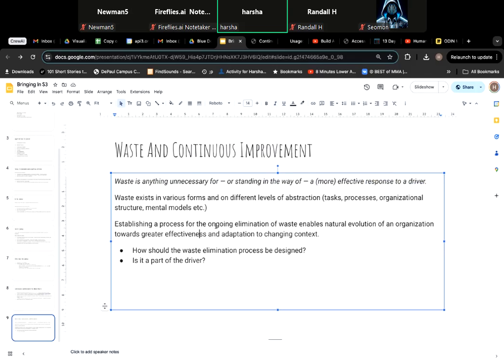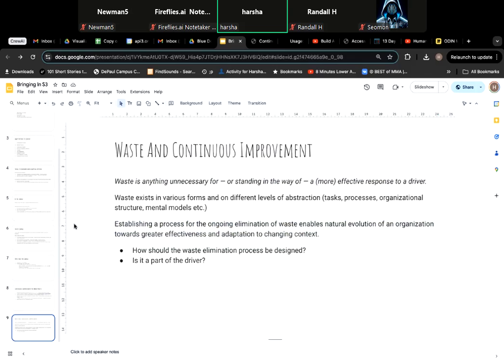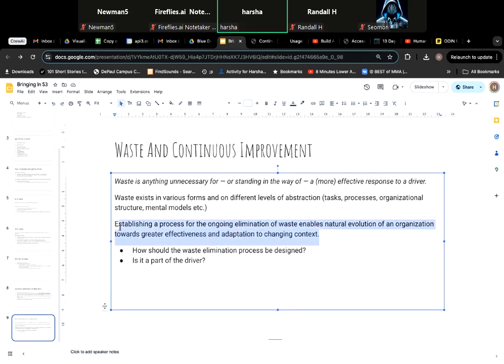So establishing a process for the ongoing elimination of waste enables natural evolution of an organization towards greater effectiveness and adaptation to changing context. So I think elimination of waste is a very important aspect if we intend to compete with centralized organizations. If we don't eliminate waste, we will not be able to be effective and actually compete with other organizations where there is a hierarchical structure.